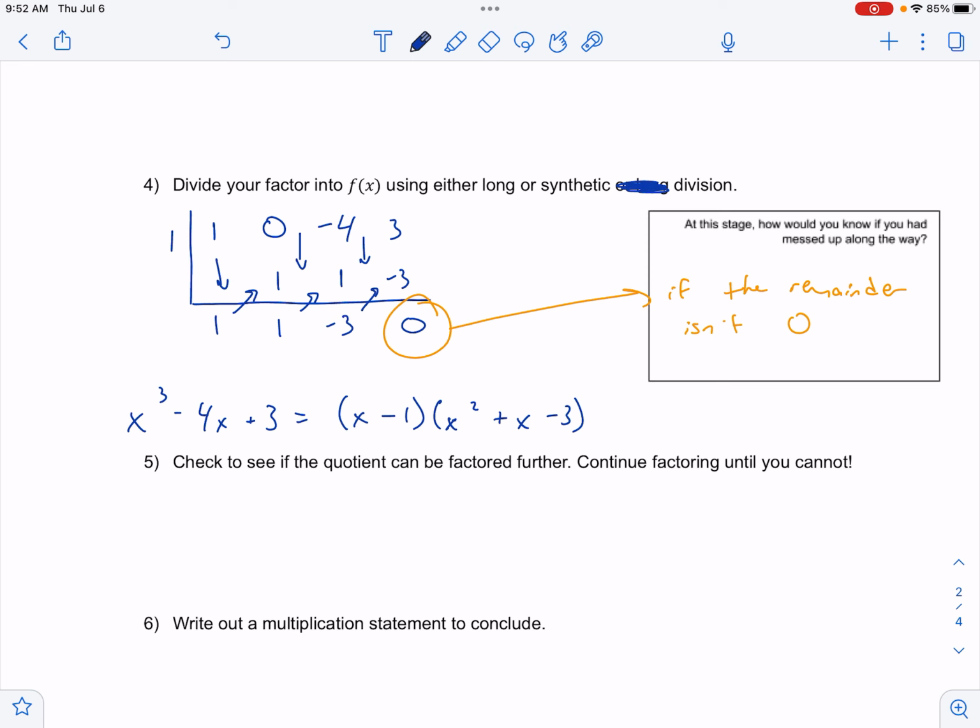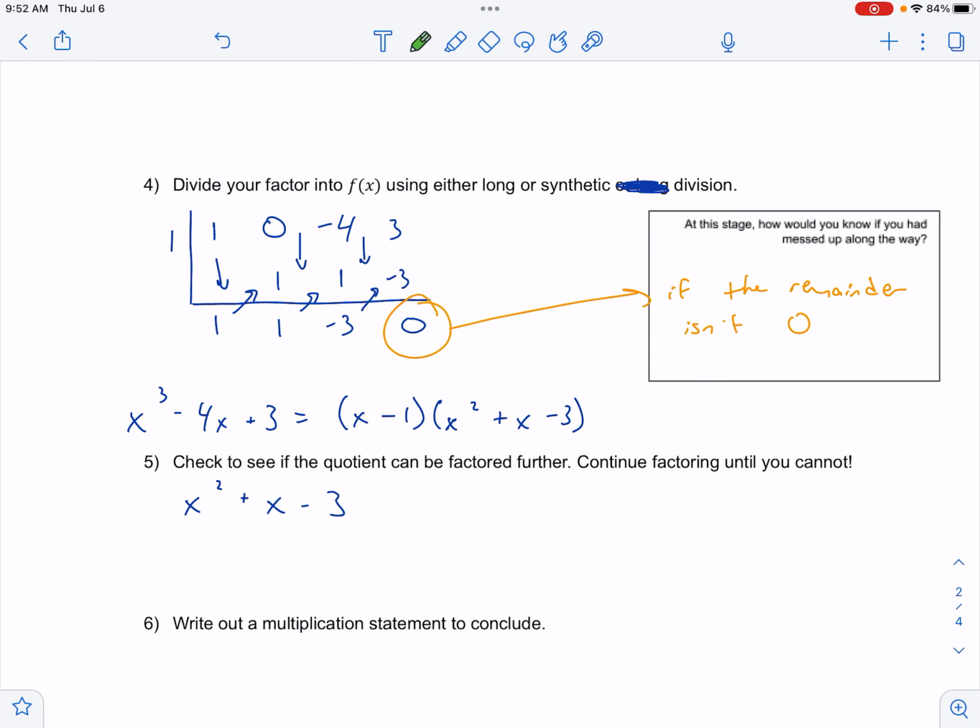Awesome. We are now at the stage where the result is a quadratic, and so time to activate that muscle memory and think to yourself, simple trinomial factoring, complex trinomial factoring, perfect square, difference of squares. Can I factor my quotient further? So the quotient, again, the answer we got was x squared plus x minus 3.